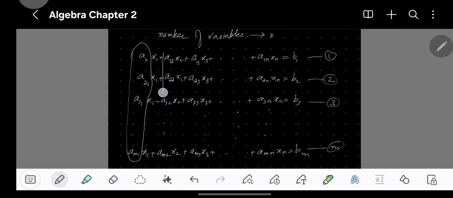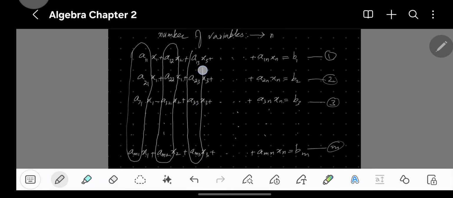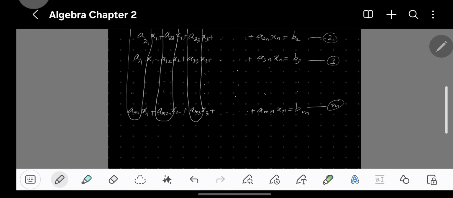And for the second column, the second index is 2. And along the third column, the second index is 3, because this is column 3. This is column 1. And this is column 2. And this is column 3.